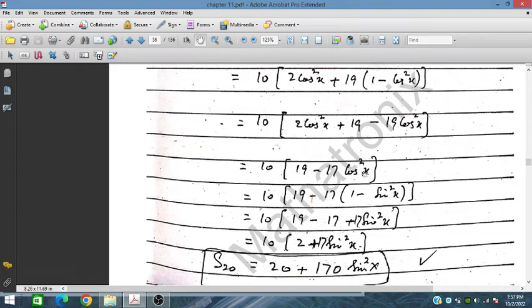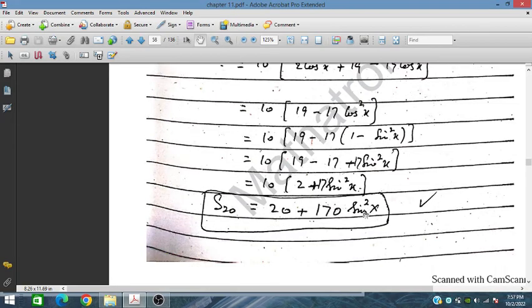Instead of this we can write 1 minus sine square x in place of cos square x. So this becomes 19 minus 17 sine square x. Multiplied by 10, we get 170 sine square x.